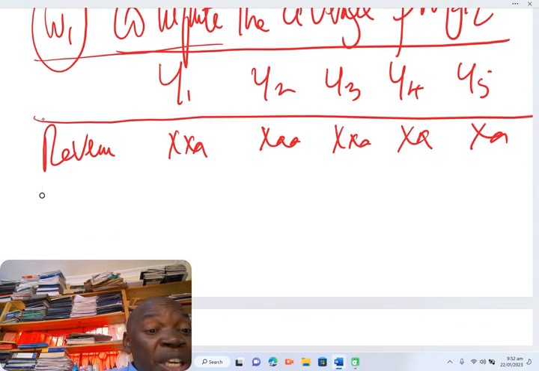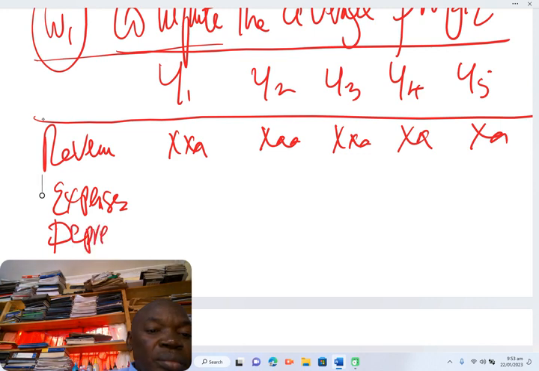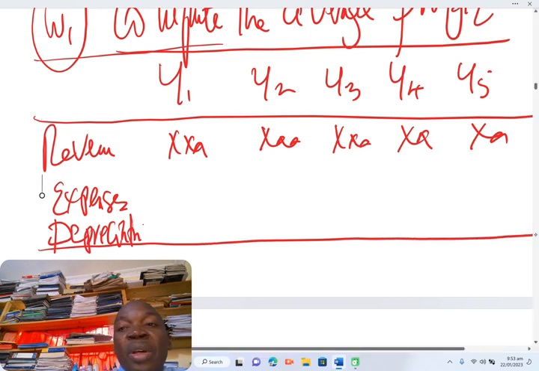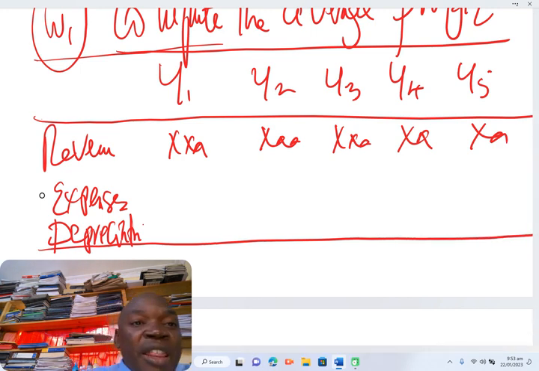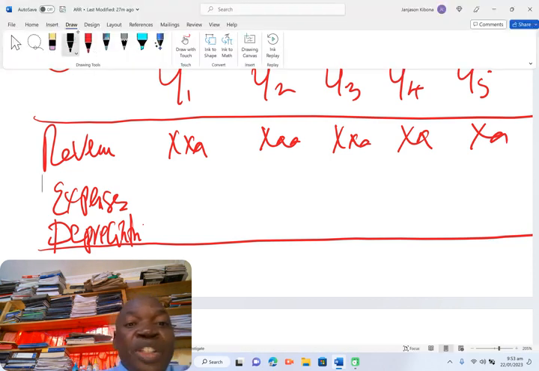Number 2, running expenses, including depreciation itself. So we have other expenses, including depreciation.